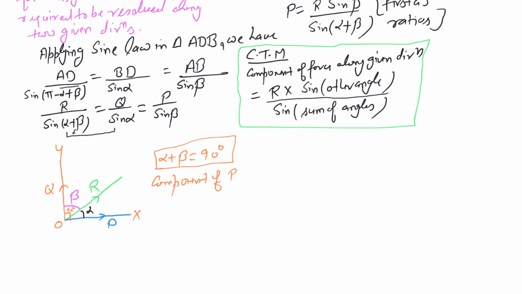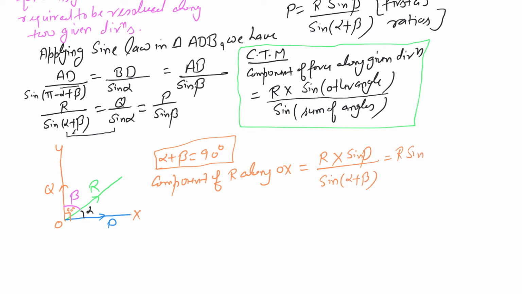the component of R along OX is equal to, now write the above formula, R resultant as such, into, along axis P, the primary angle is alpha, the other angle is beta, into sine of the other angle beta, divided by sine of the sum of the angles alpha plus beta, which is 90 degrees.